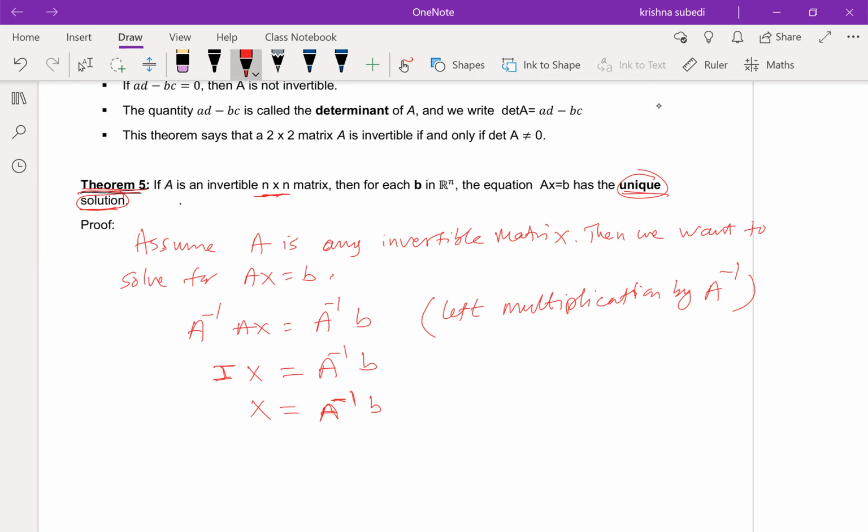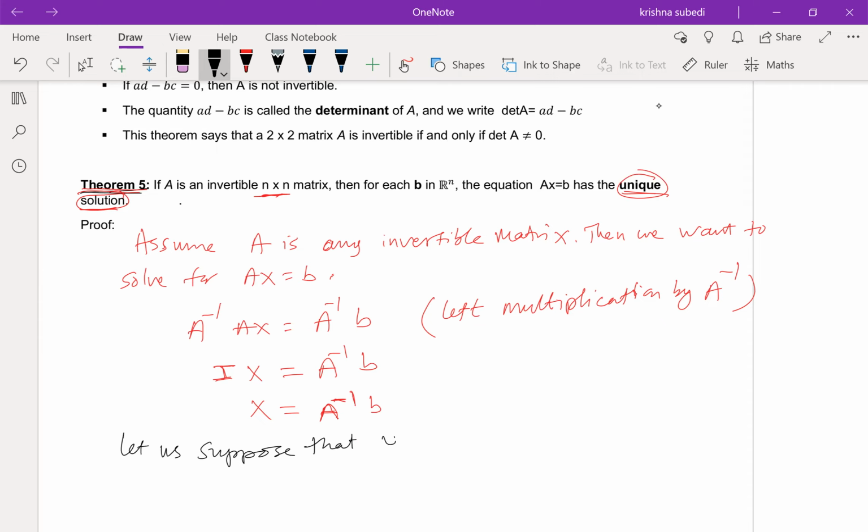Well, what we do is, let us suppose that there exists another solution.